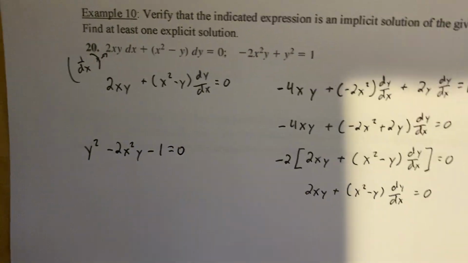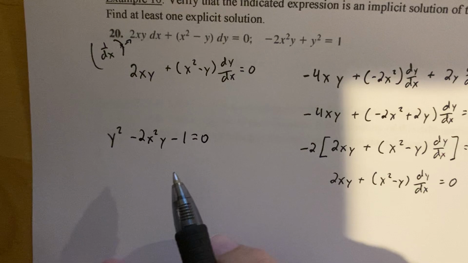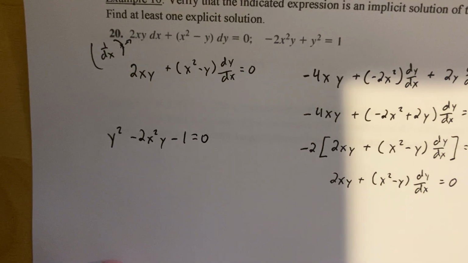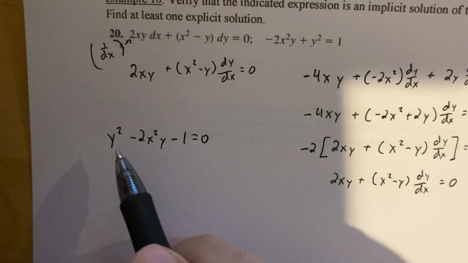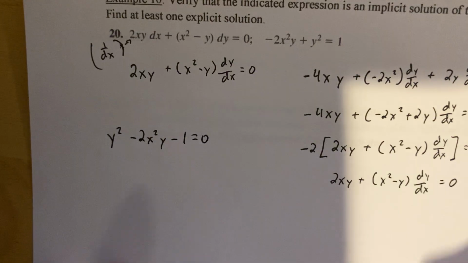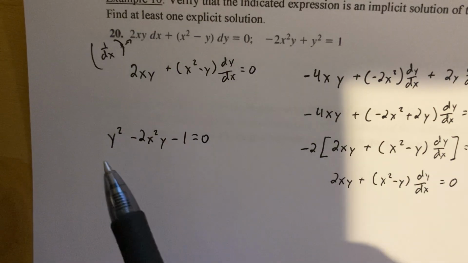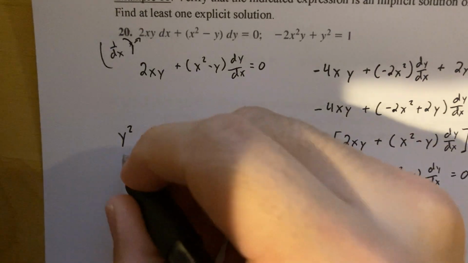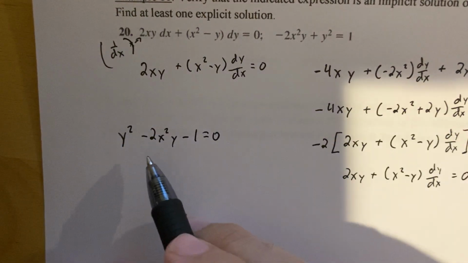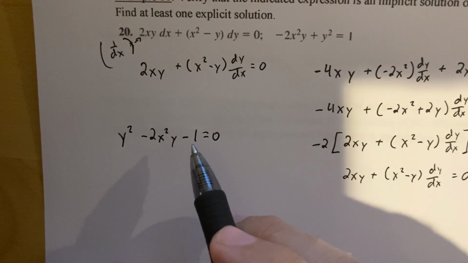equals 0. In order to write an equation for y, this is an actual quadratic equation in terms of y. And so I can use the quadratic formula to solve for y, where a is 1, b is negative 2x squared, and c is negative 1.